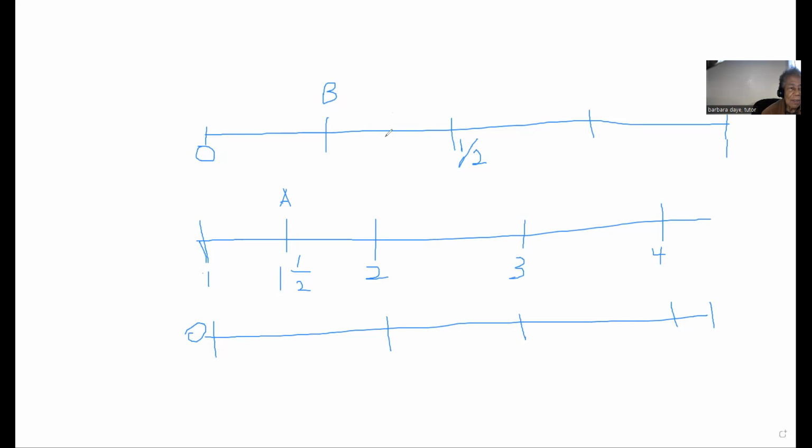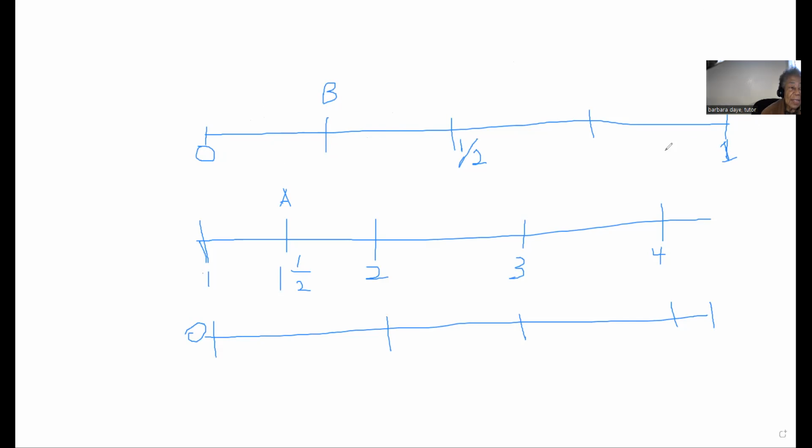No, the 1 is here. Now, you see 1, 2, 3, 4?